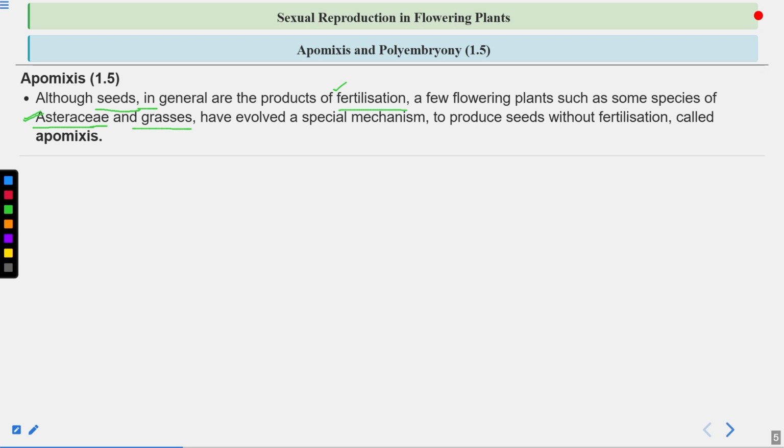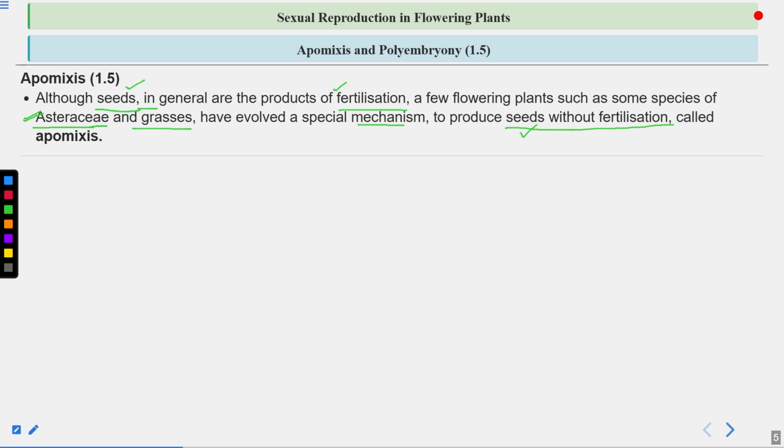They have evolved a special mechanism to produce seeds without fertilization. So it is contradictory to the first point in this particular statement. In the first part of the statement, they are saying that seeds in general are the product of fertilization, and here we are saying that seeds are formed without fertilization.